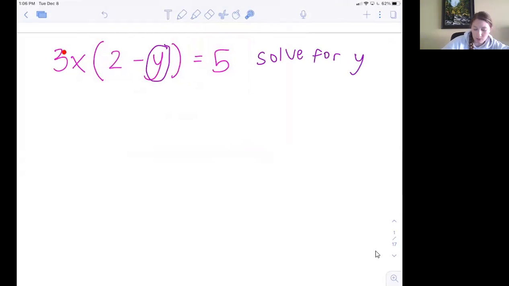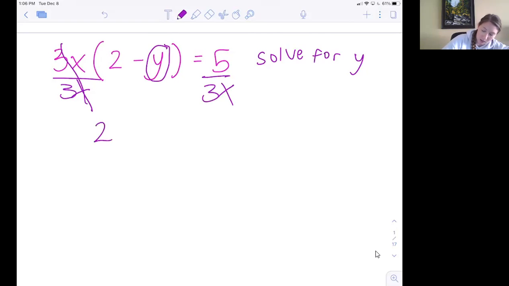So you could multiply this 3x in, and that's totally fine. But where this 3x is being multiplied by all of this, an option would be to divide by 3x. And the reason why you see how the 3x here is touching, it's attached to these parentheses and all of this inside, that's why we can divide that. So we could divide the 3x like that.